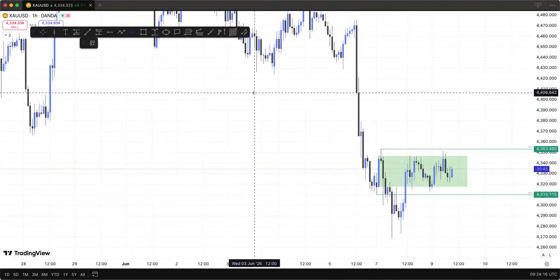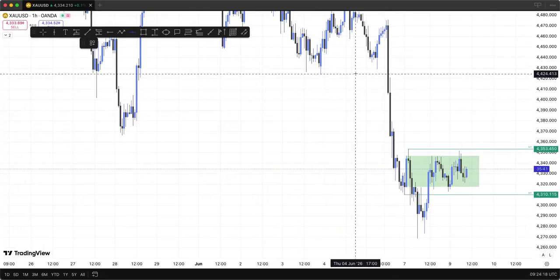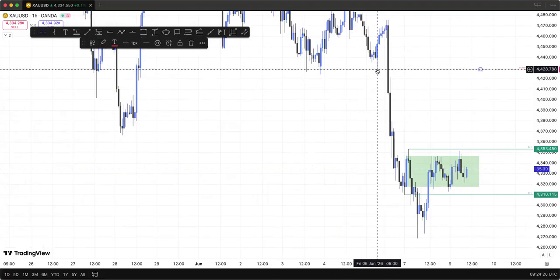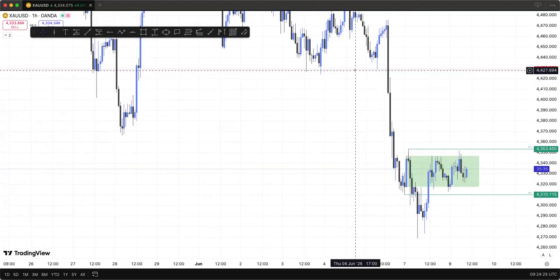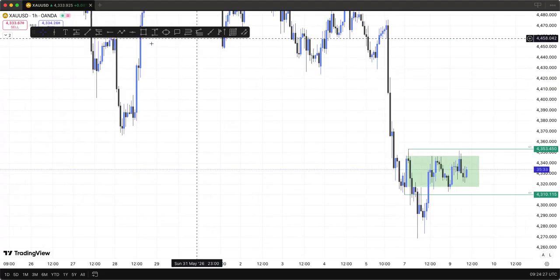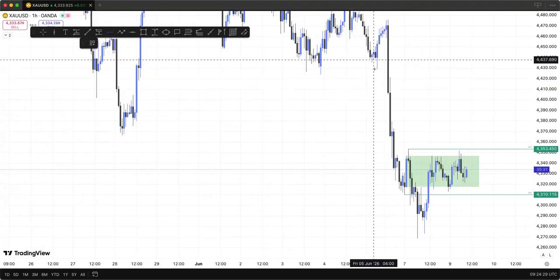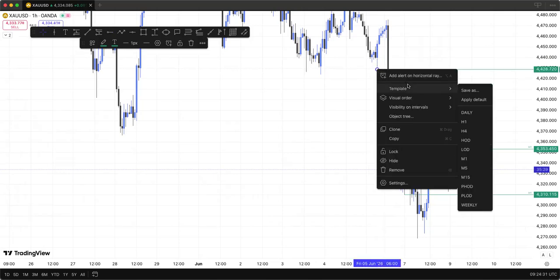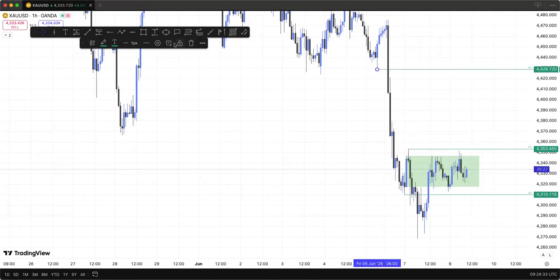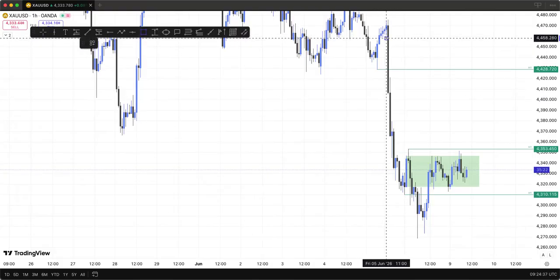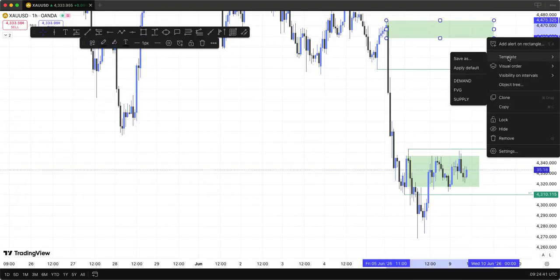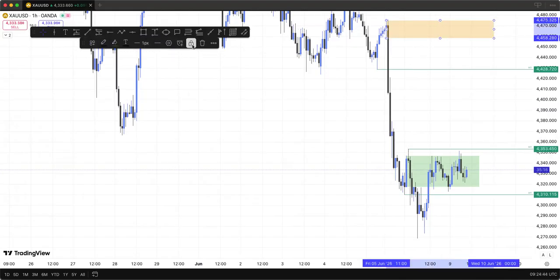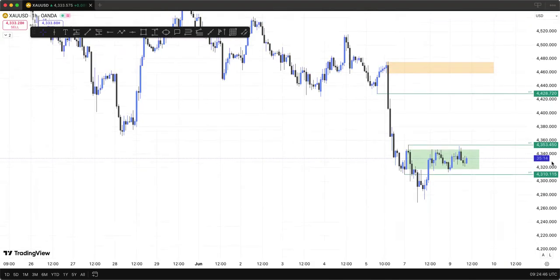If that happens, the next zone for price will be this support or resistance in confluence with this supply. As simple as that.